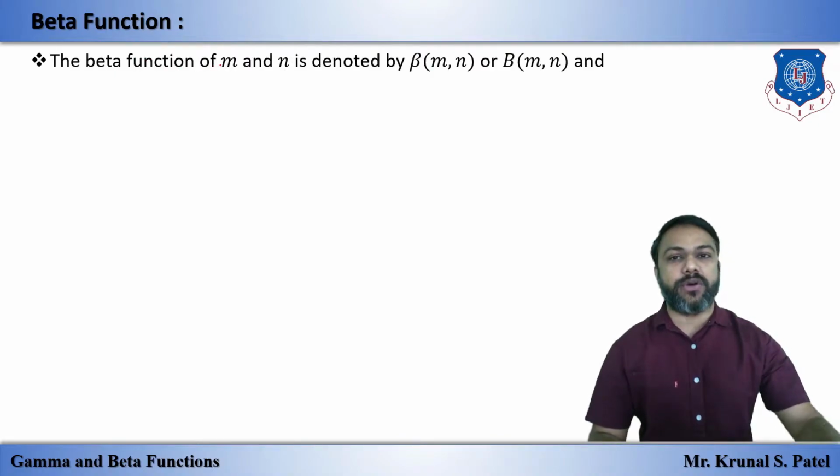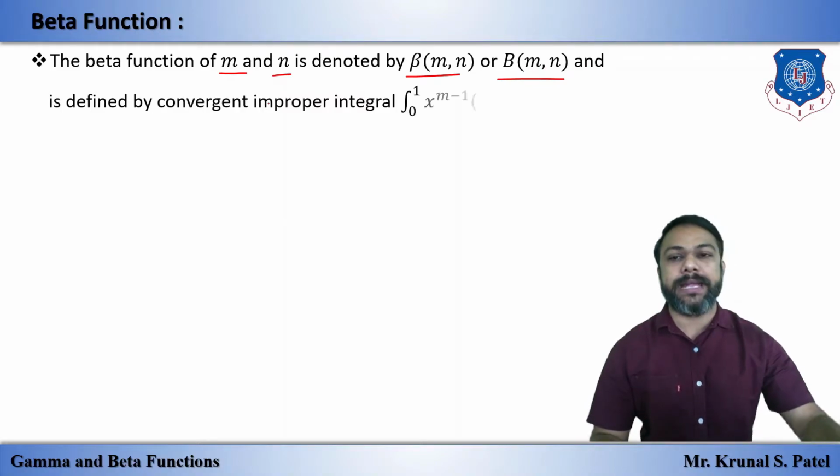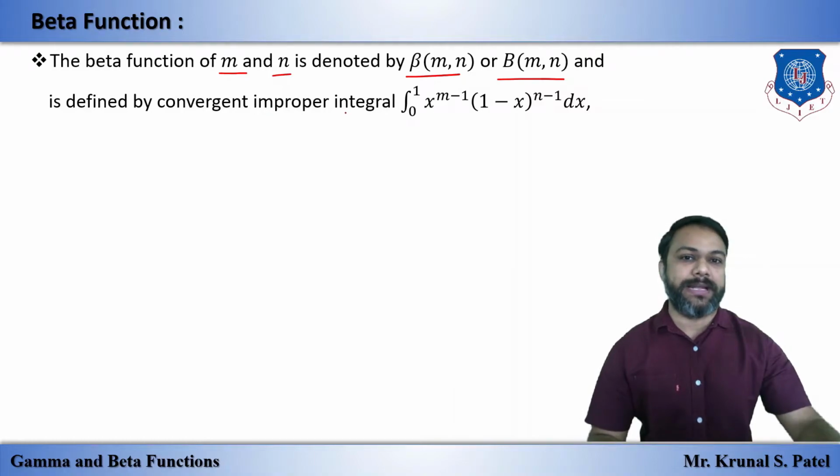The beta function of m and n is denoted by beta mn, or we can say capital B of m comma n, and is defined by the convergent improper integral, integration 0 to 1 x raised to m minus 1 into (1 minus x) whole raised to n minus 1 dx.